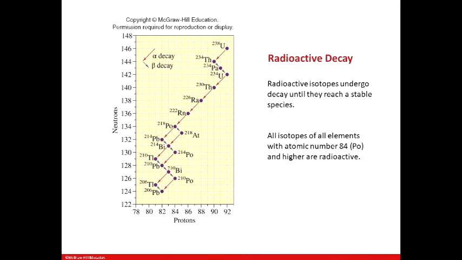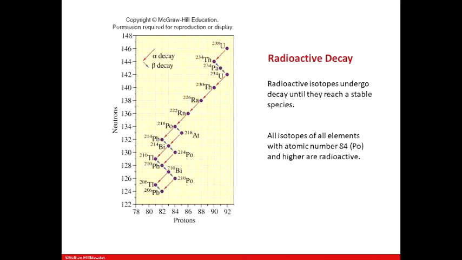Radioactive decay. This is what happens to radioactive species once they're released and essentially exist in the environment. Let's start by looking at the graph here. What we have is these 2 ways that it decays.